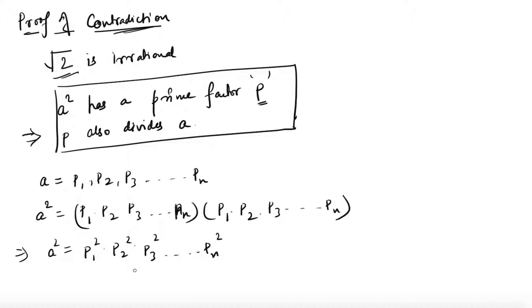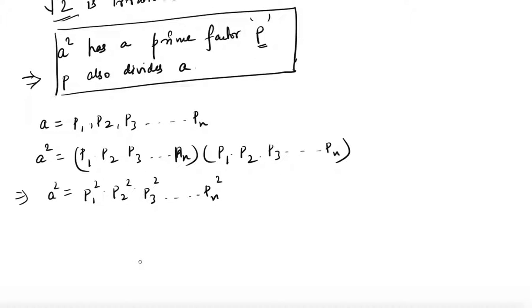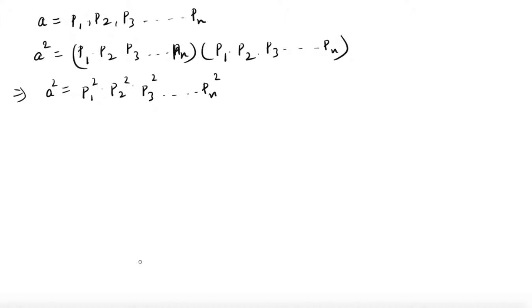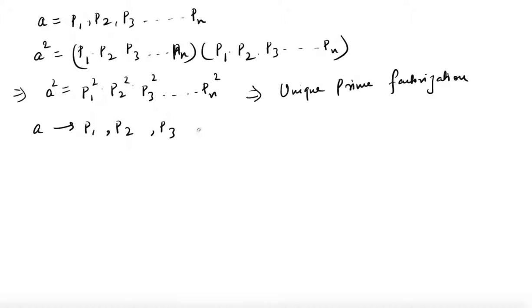Now you know that as per the fundamental theorem of arithmetic, each number has a unique prime factorization, right? So I can say that the only prime factors of a square will be p1, p2, p3 up to pn.